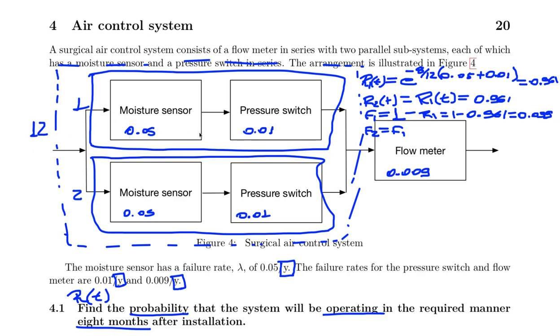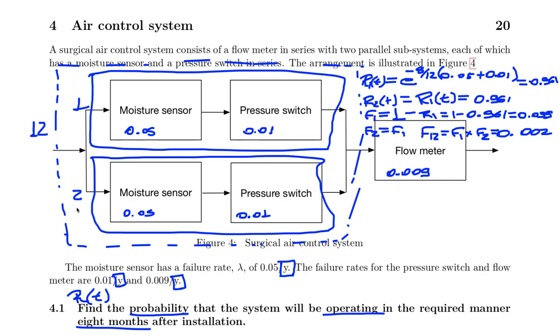So now I know the unreliability of both, and I can solve the parallel system. So the unreliability of the parallel system 1 and 2 is the unreliability of system 1 times the unreliability of system 2. So 0.039 times 0.039, which is equal to 0.002.